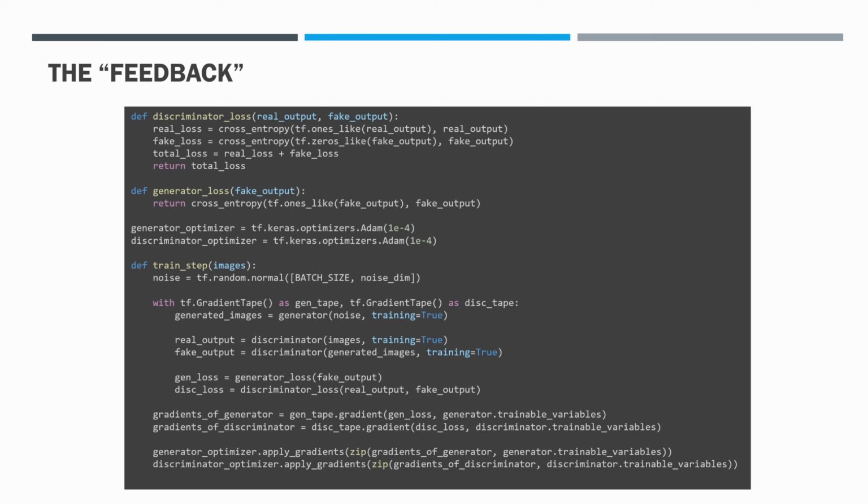So in this case, we take the loss values and apply them to the gradients of the two networks to train them for the next iteration. Little by little, using the loss values and applying them to the gradients, we nudge the two networks to becoming better at doing what they are meant to do.